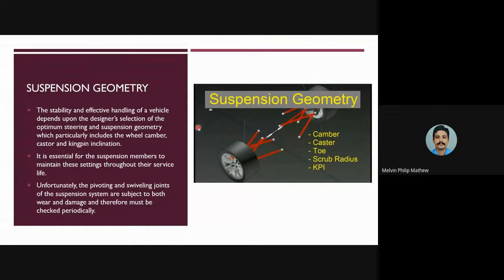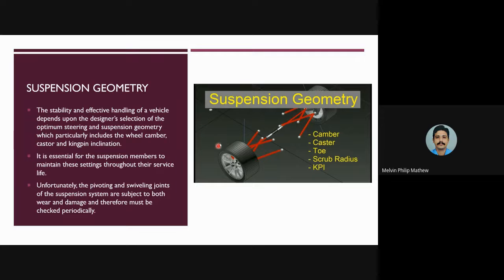Okay, and the various geometries that assist in suspension are wheel camber, caster, and kingpin inclination. In the last module, I told you what wheel camber, caster, and kingpin inclination are. Camber is the inclination when we look at this figure from this side: an inclination is provided to the wheels with respect to the vertical.